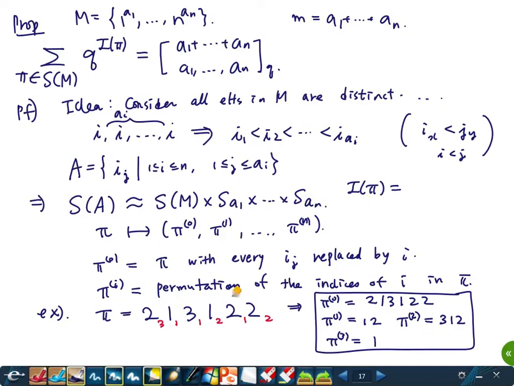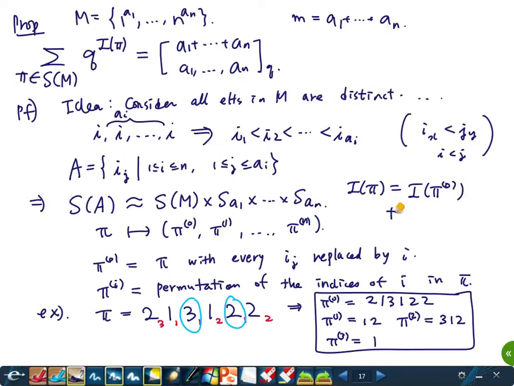The inversions of the bigger numbers will be an inversion here. So we always have the inversions of pi_0.